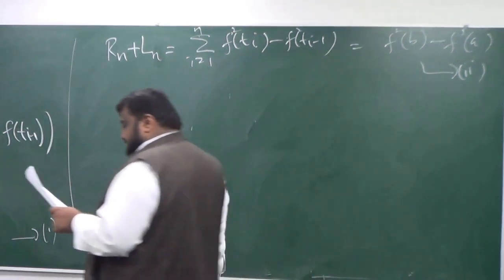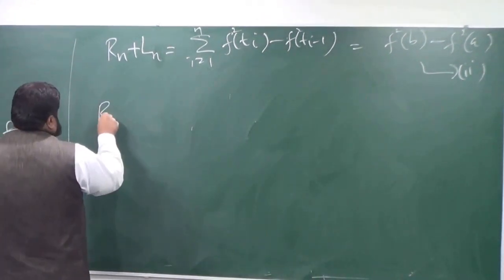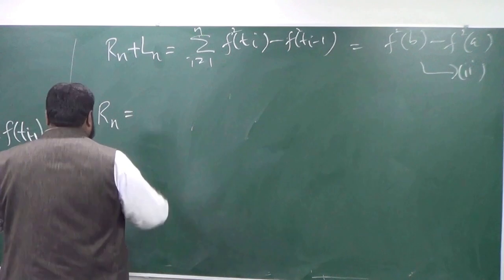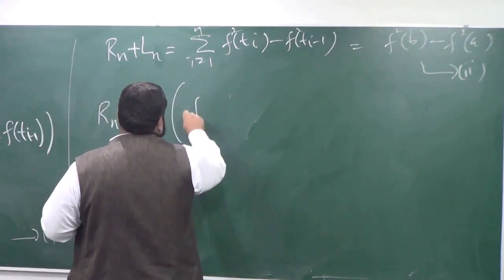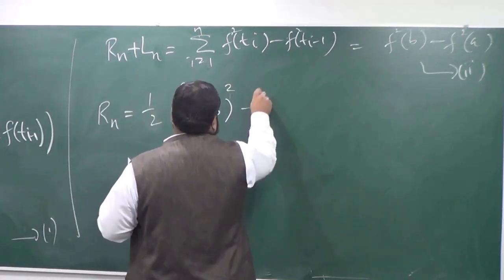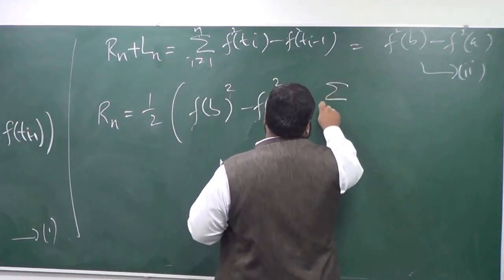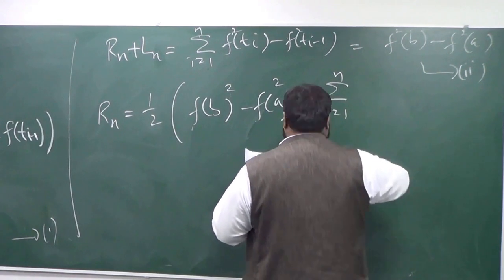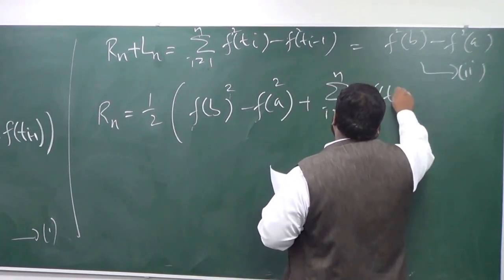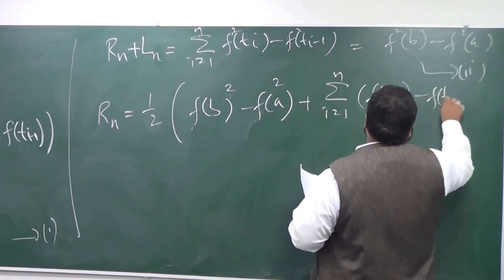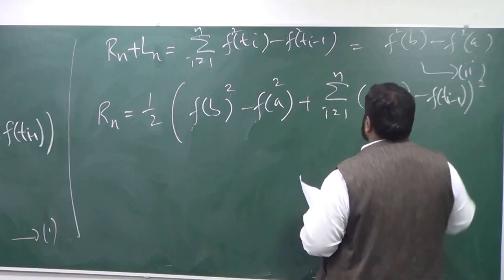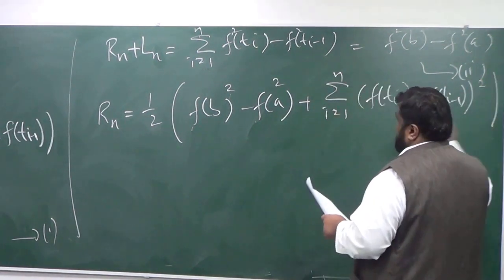If I solve it, I'm going to get Rn to be 1/2 of [f(b)² − f(a)² + the sum over i equal to 1 to n of (f(ti) − f(ti−1))²]. You have it.